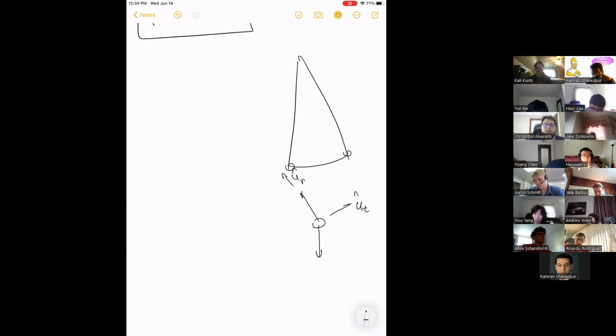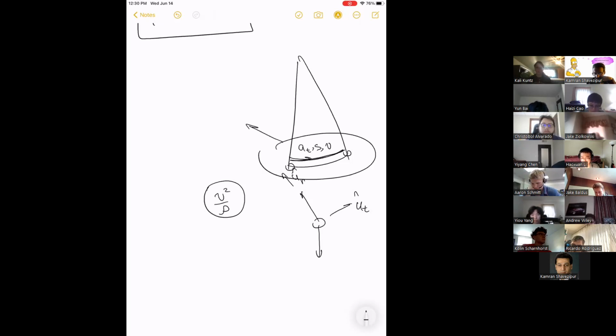So the problem was to find v squared over rho, we did not know the value of this. So we had to integrate acceleration and relate it to velocity over this displacement, right? So we got that again from kinematics.